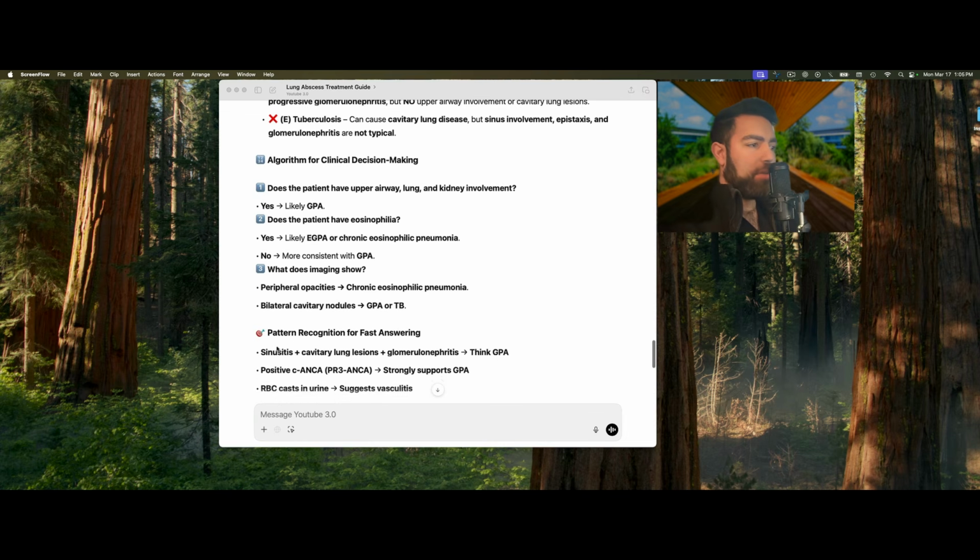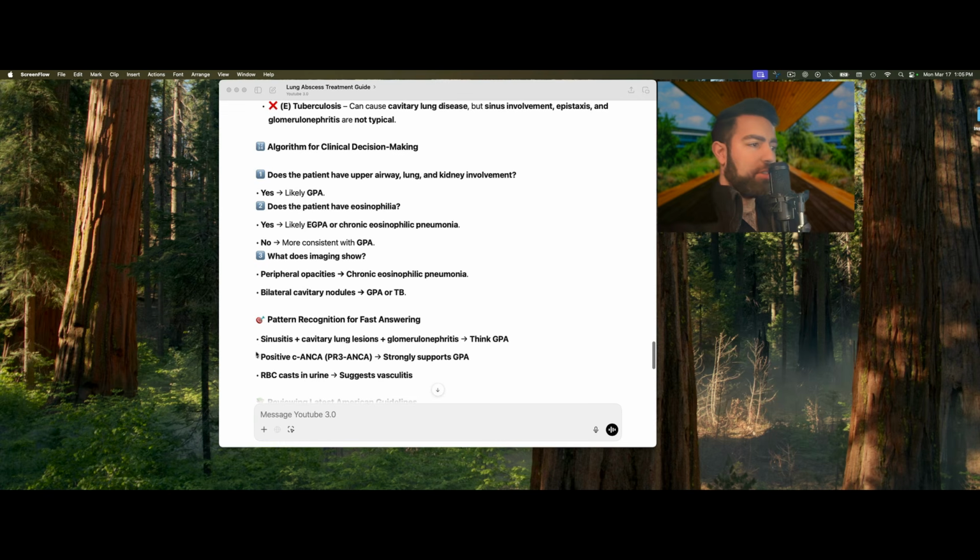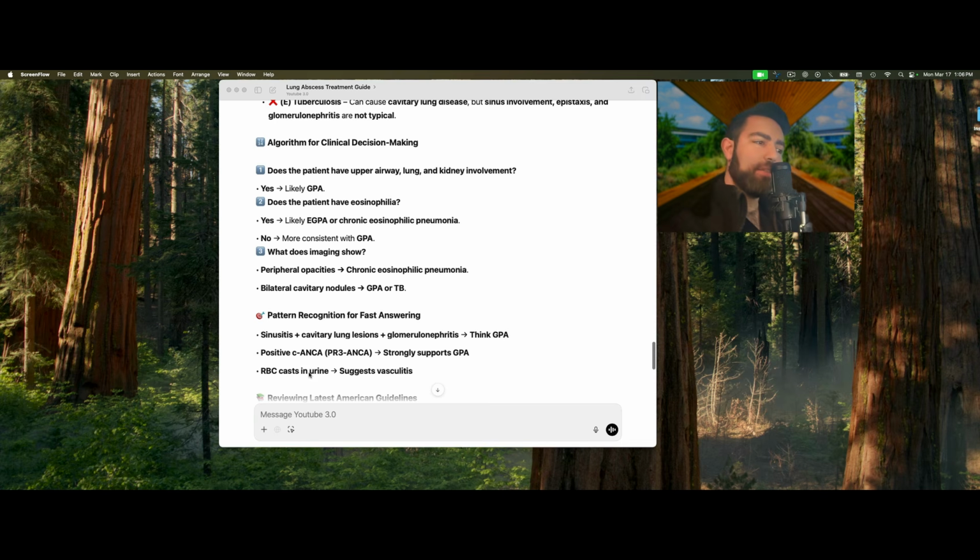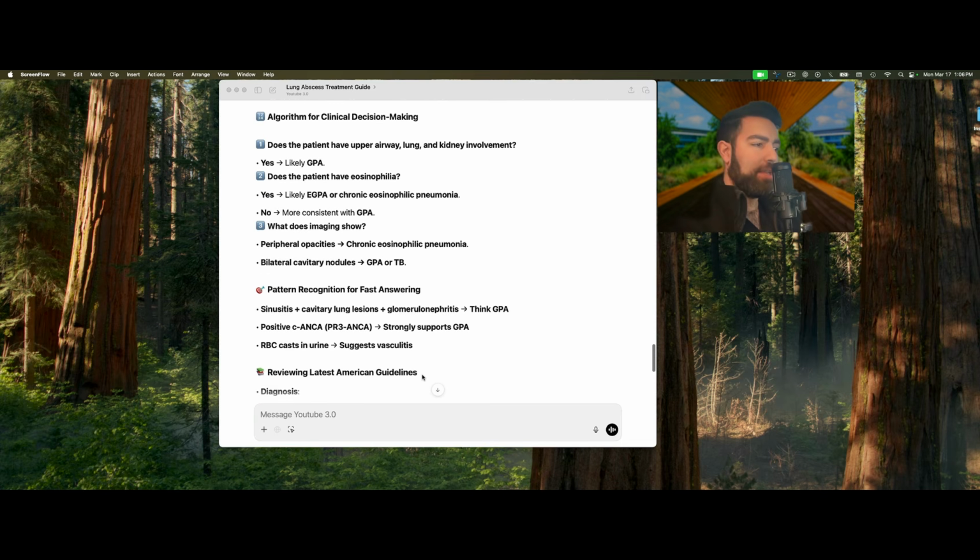And so, thinking about pattern recognition for boards, these are a lot of things for boards. Not in practice, where you need to pay attention to more subtle things. But with sinusitis, cavitary lung lesions, and glomerulonephritis, which in this case would be a pauci-immune nephritis, you think about GPA. If you have a positive C-ANCA or PR3 ANCA, again supporting GPA. If you have RBC casts in the urine with hematuria, you think about vasculitis.